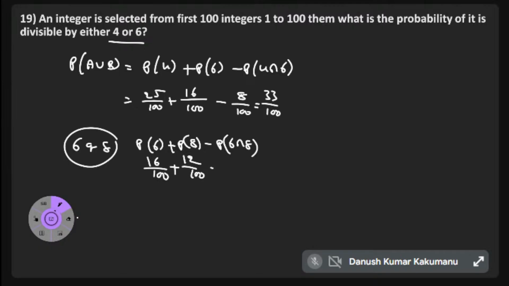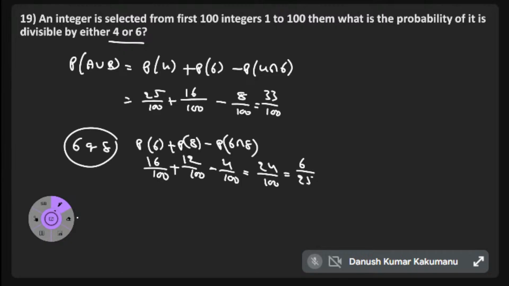All of you are understanding now? 100 by 24 is 4, so 4 by 100. The answer is 16 plus 12 minus 4, that is 24 by 100. We can simplify this further: 6 by 25 is the answer.